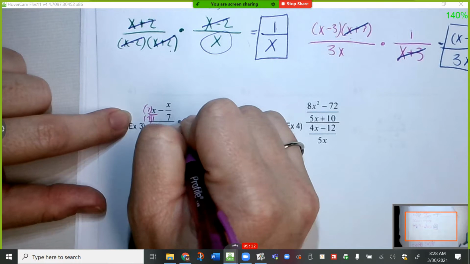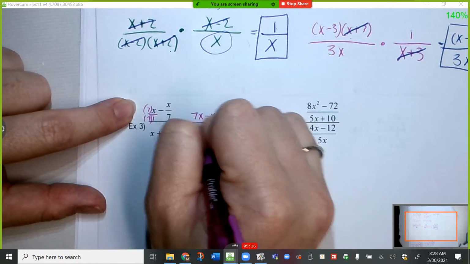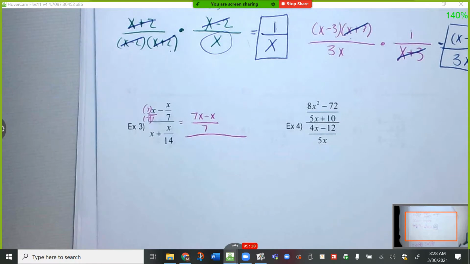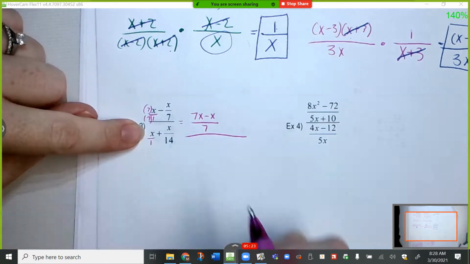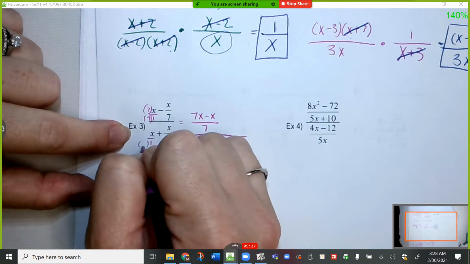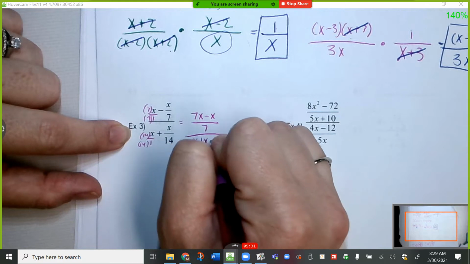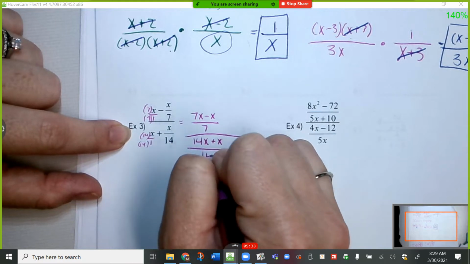So then I get 7x minus x over 7. Now here, can 1 turn into 14? Yes, by multiplying by 14. And we get 14x plus x over 14.